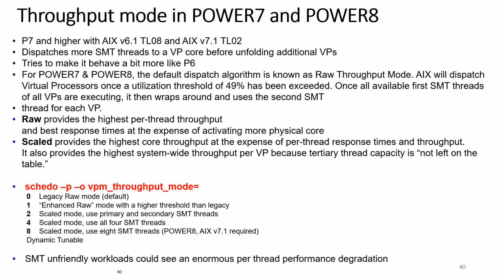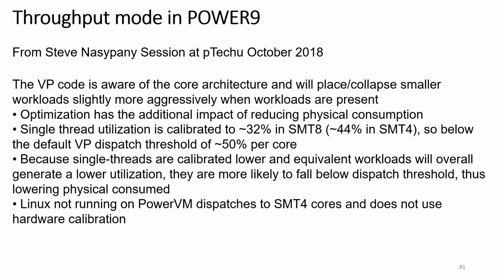And then once all of the virtual processors are running primary threads, we go back and we use the second one. You can actually change this, but be very, very careful doing so. You really need to know what you're doing, because you can cause a very, very large thread performance degradation. So I typically leave the system running correctly in raw throughput mode.